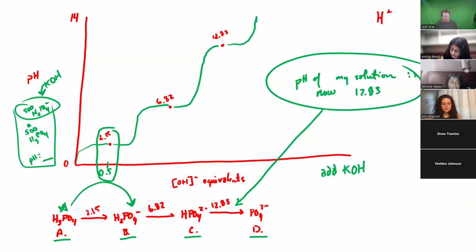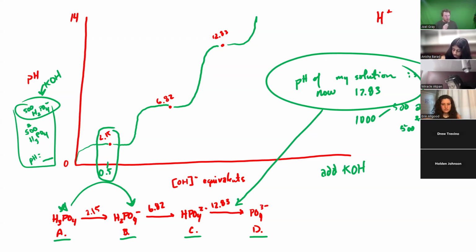Now, again, at this point here, I'm sticking with this idea that I've got 1,000 of these molecules. I'm going to say 500 are PO4 3 minus, and 500 are HPO4 2 minus.